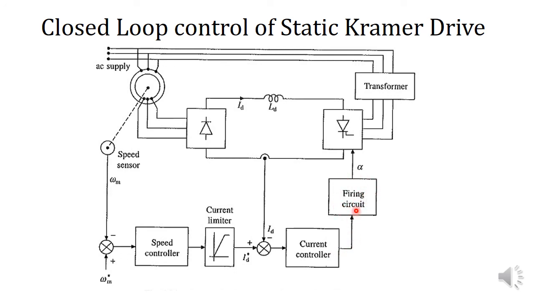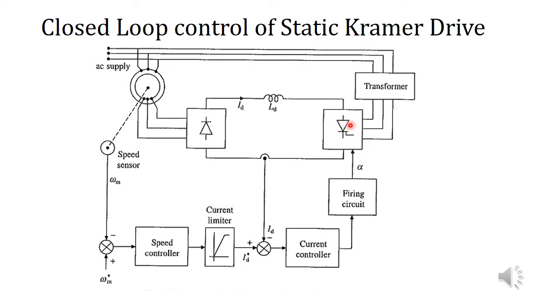The function of the firing circuit is to produce the appropriate value of firing angle according to the command coming from the current controller. So by varying the value of firing angle alpha, we can control the speed of the induction motor.